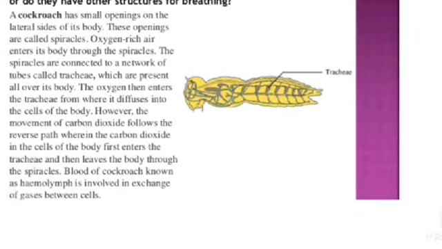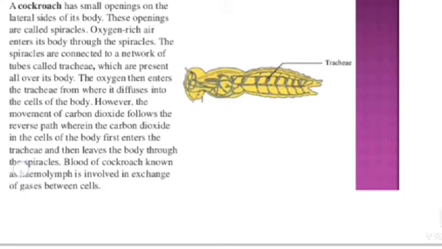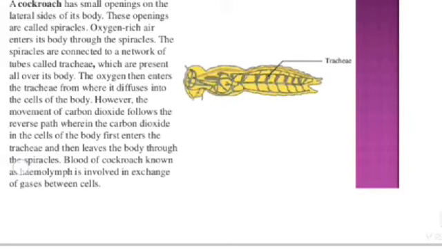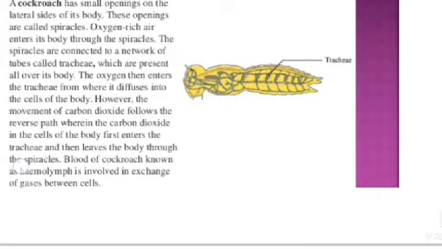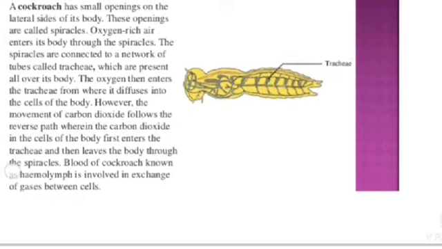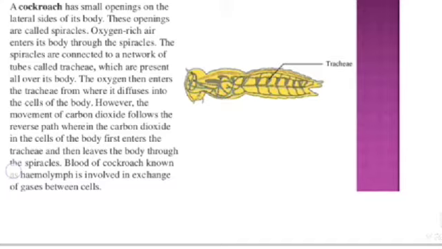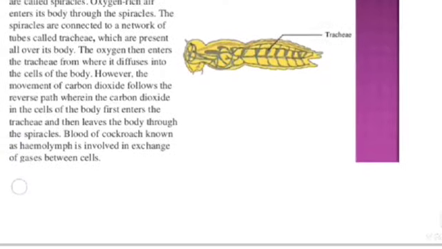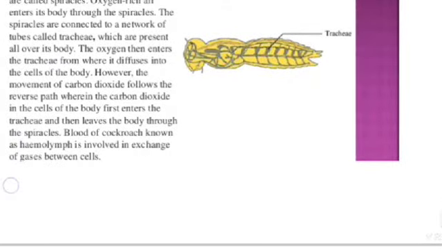The spiracles are connected to a network of tubes called trachea, which are present all over its body. The oxygen then enters the trachea, from where it diffuses into the cells of the body.